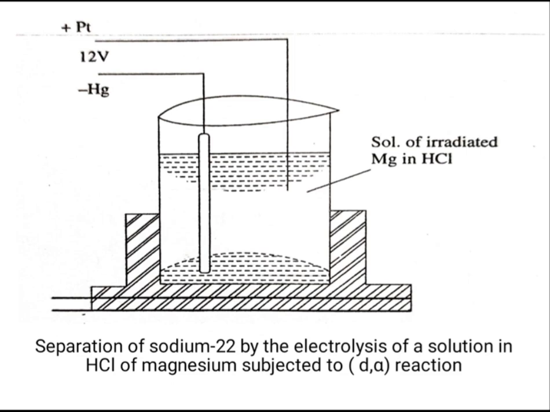As I have told, this is a reaction D alpha where magnesium will undergo D alpha reaction to form sodium 22. So here you can see a solution of irradiated magnesium in HCl. The irradiated magnesium is dissolved in dilute HCl and the solution is electrolyzed at 12 volt.